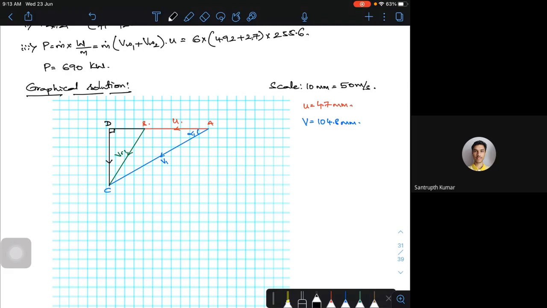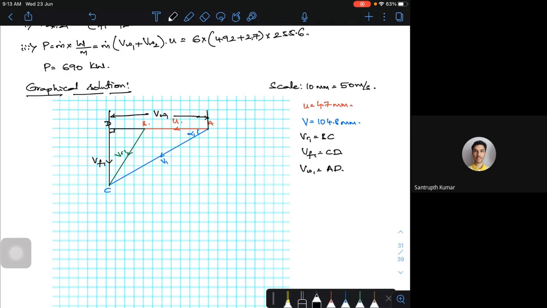So VR1 is equal to BC, then VF1 is equal to CD, then your VW1 is equal to AD. You measure this and multiply by 50.